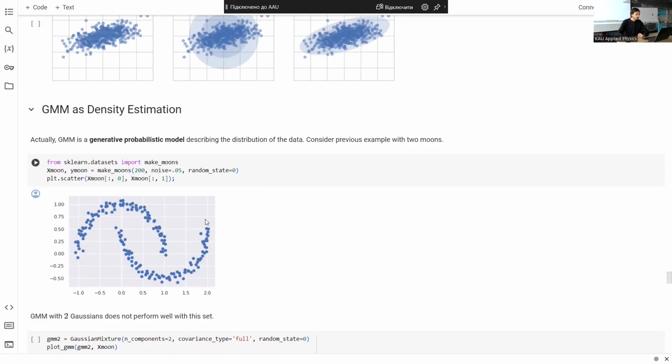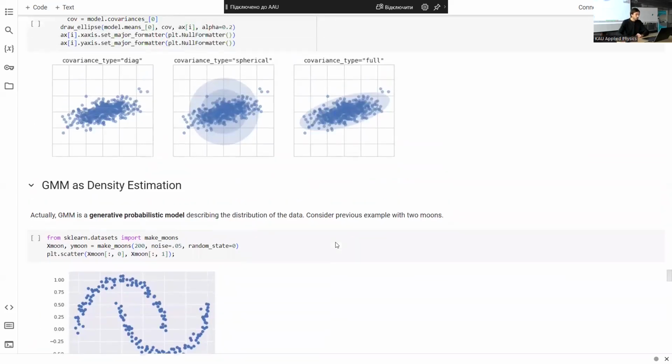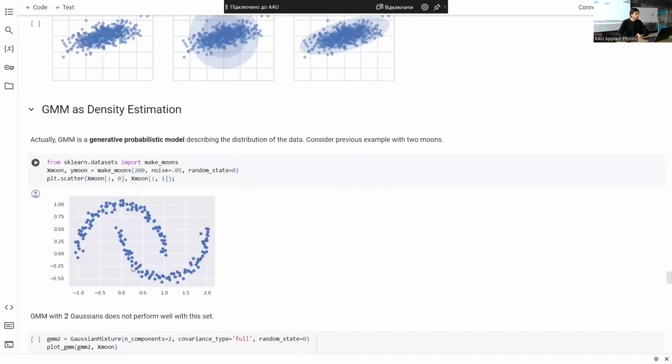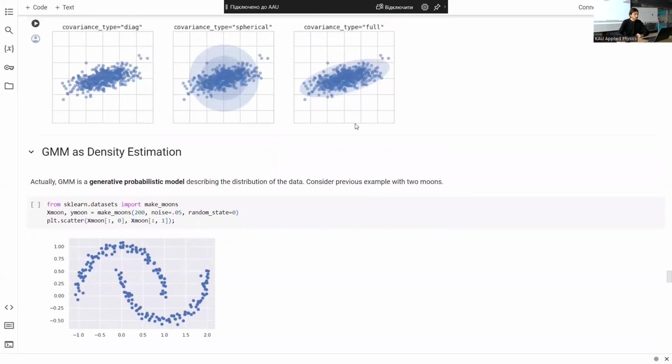If I have these half moons data set, I may want to have one of the moons in one cluster, and the other one in the other cluster. But of course, even with the covariance type full, I cannot cover each of these parts with one such thing, with one such ellipse.